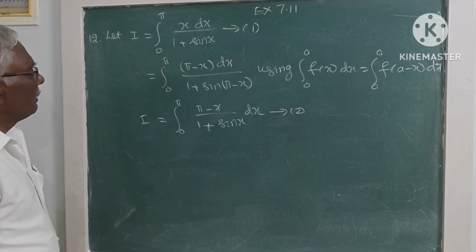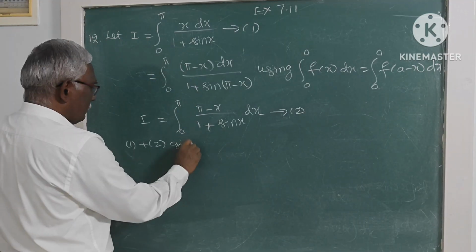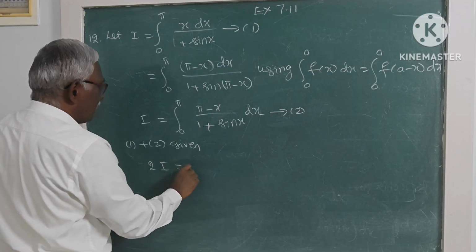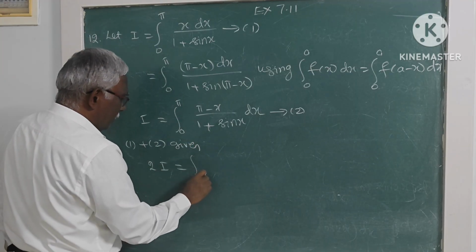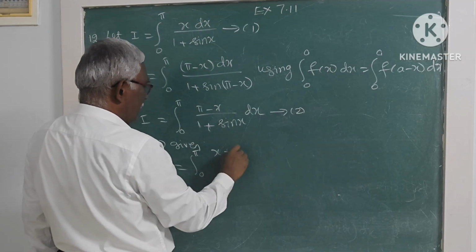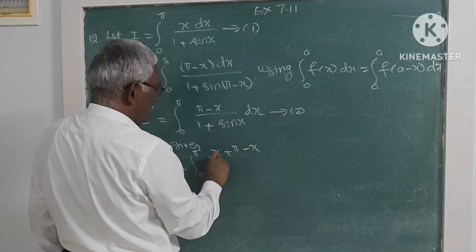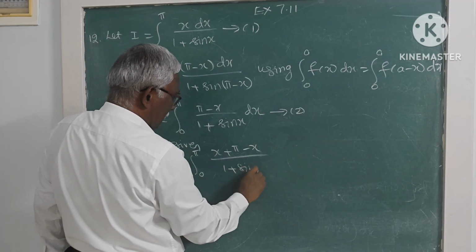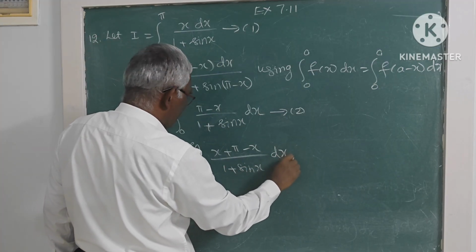Adding 1 and 2, 2I is equal to integral 0 to pi, here x, here pi minus x, by 1 plus sin x dx.